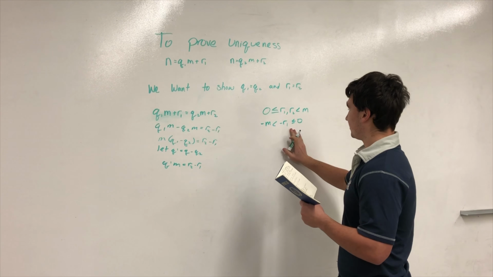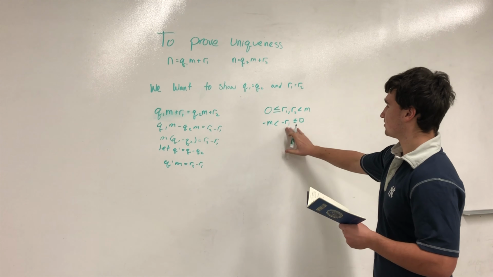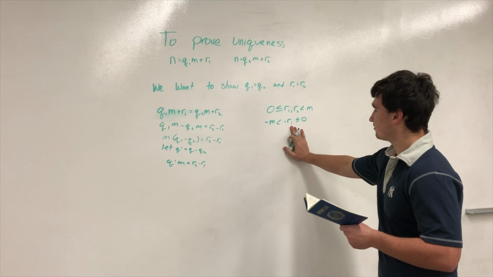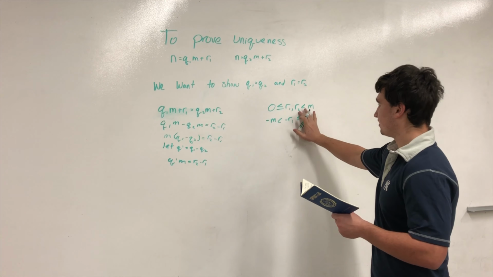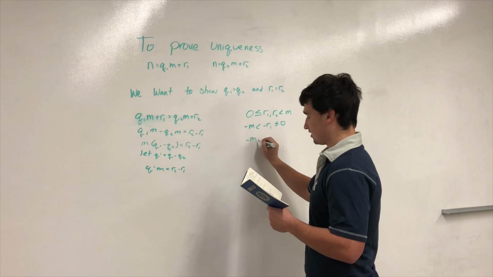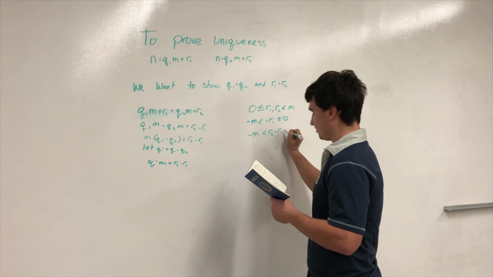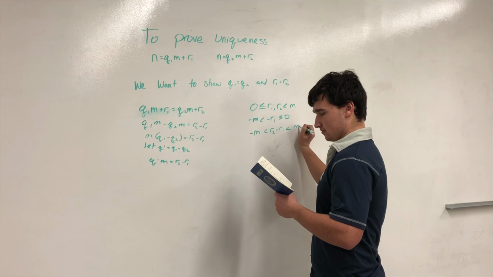And then we want to combine the now edited version of the r1 inequality with the untampered r2 inequality. And that gets us negative m is less than r2 minus r1, which is less than m.